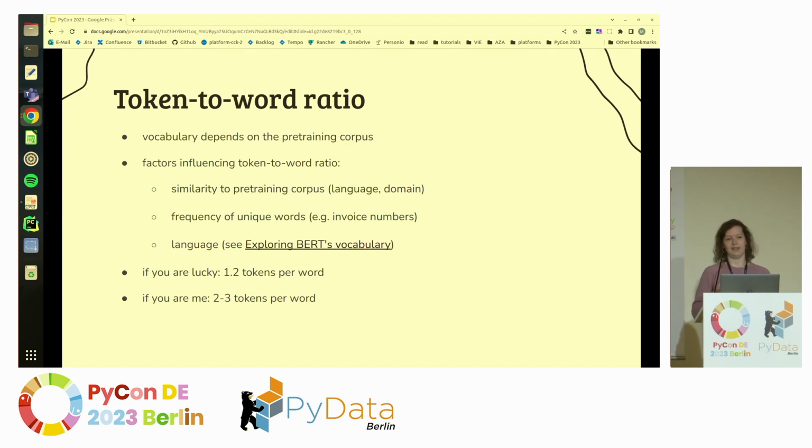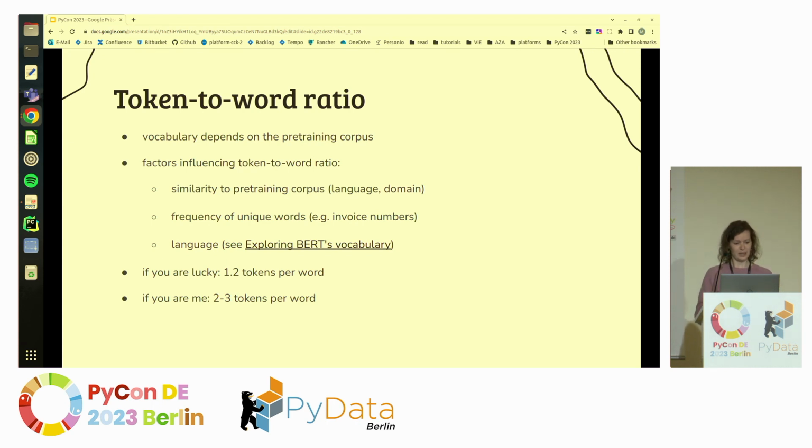So let's say you have plain English text and an English pre-trained model. If you are me, it's more like 2 to 3 tokens per word, rather in the direction of 3. So with a 512 tokens limit, that would make around 200 words of text which you can input into your transformer.